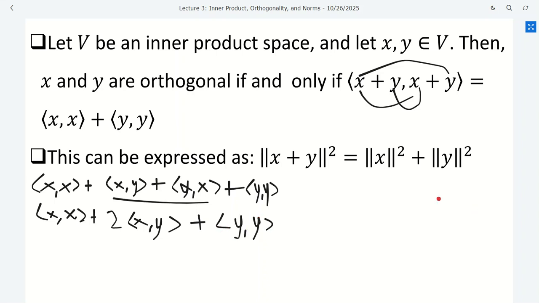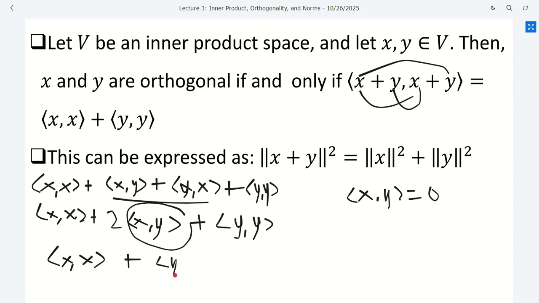Now we just said that two vectors are orthogonal if their inner product is equal to 0, right? So if these vectors are orthogonal, this one will go to 0. So you end up getting something like this, plus the inner product of y with itself. So that is what we are having here. That is why you see this is equal to that.